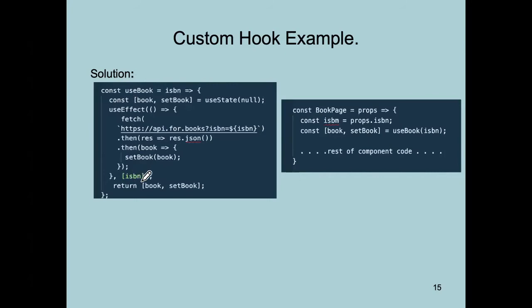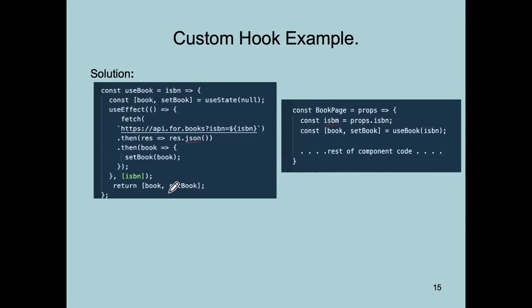But in the case of this hook, I'm returning essentially what useState returns, but that just happens to be coincidental. useState returns this tuple as it's called, and I'm actually returning the same tuple back to this component here on the right, because presumably this component, at some stage, will want to change what book is being displayed as a result of the user interacting with the page. So it'll need to call the setBook setter method, and so it needs to have access to that setter method over here.